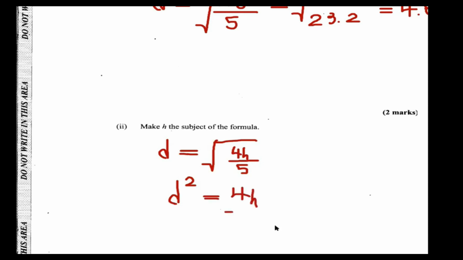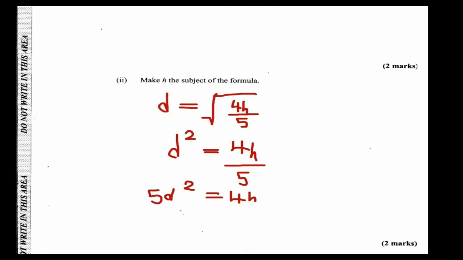Now, the next thing we need to do is multiply both sides by 5 to get rid of this divide by 5 on this side. So we're going to multiply both sides by 5 to get 5D squared is equal to 4h. Now, if 4 times h is 5D squared, then we need to divide both sides by 4 to get h is equal to 5D squared over 4.